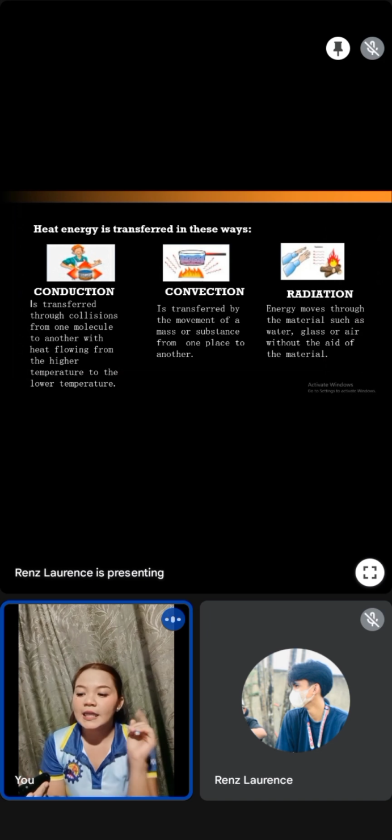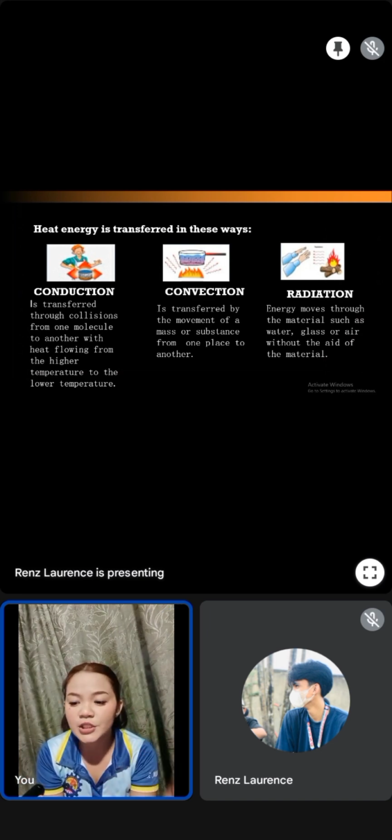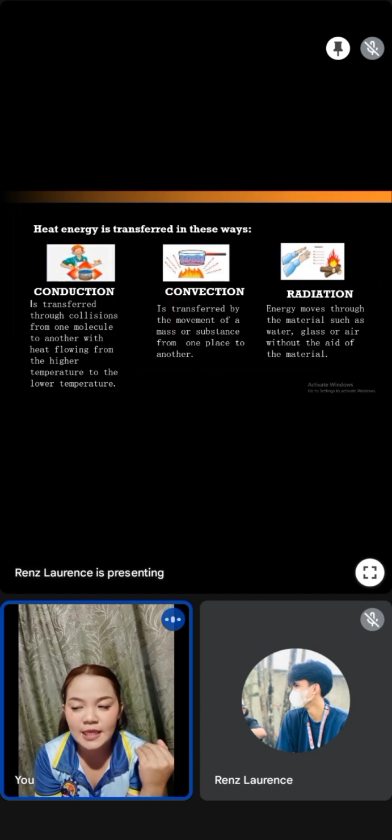They are the important ways that heat moves through our lives, because they are the heat transfer principles that we experience in everyday life.